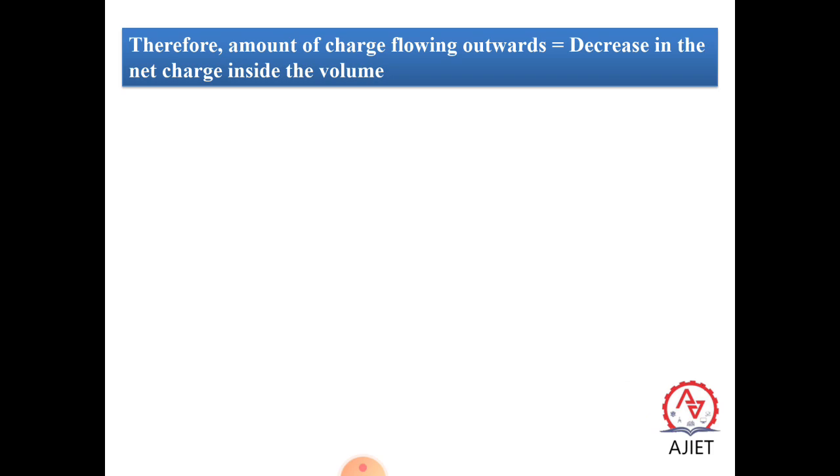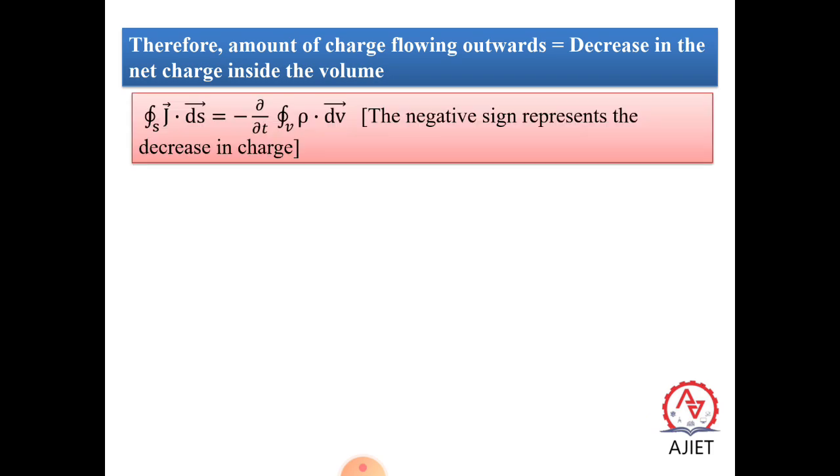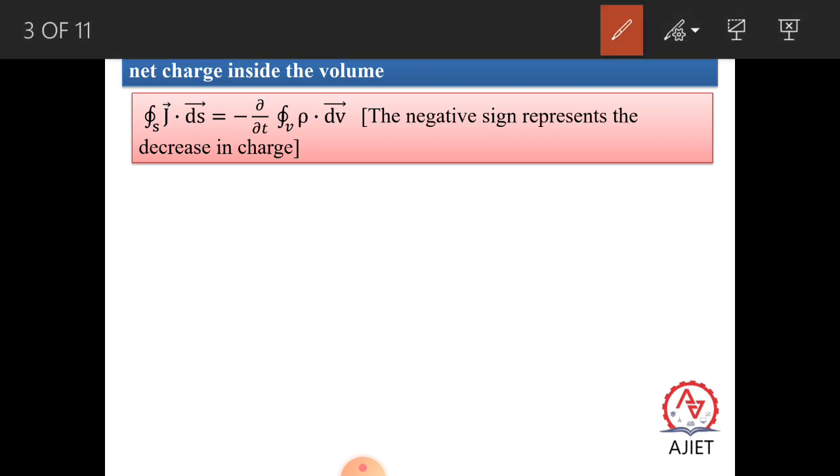That can be written as follows: J dot ds over the closed surface indicates the charges flowing from the closed surface, and as the charges move out, the number of charges in the closed volume decreases.